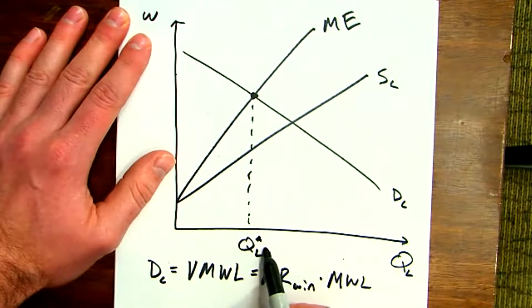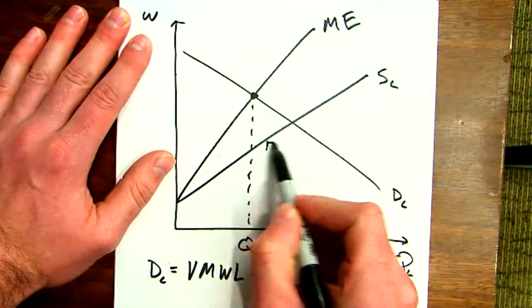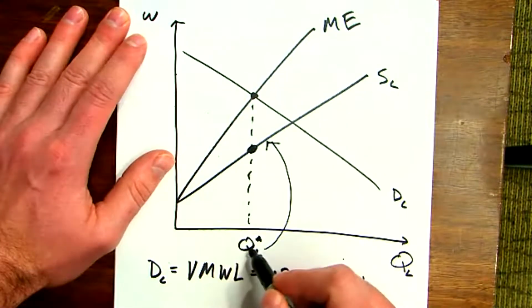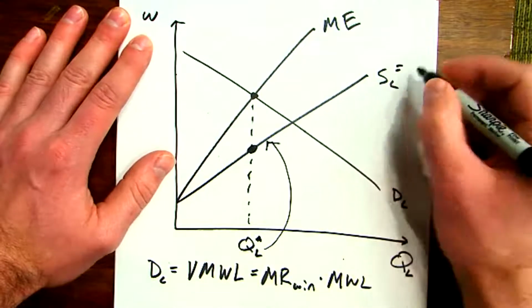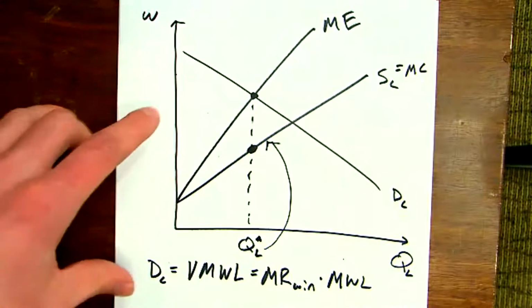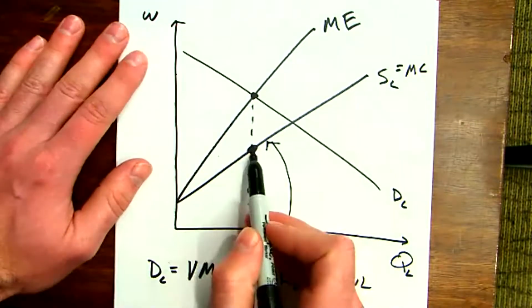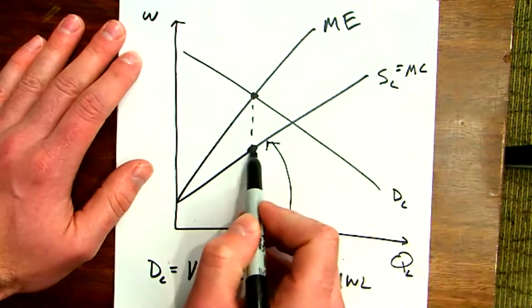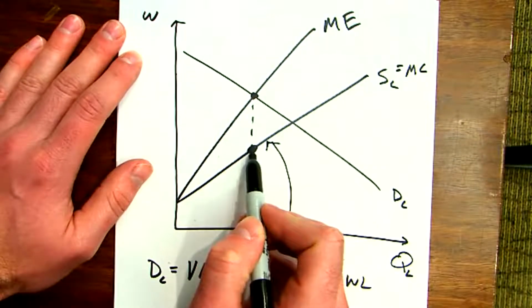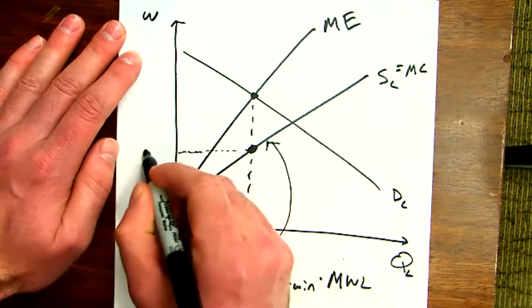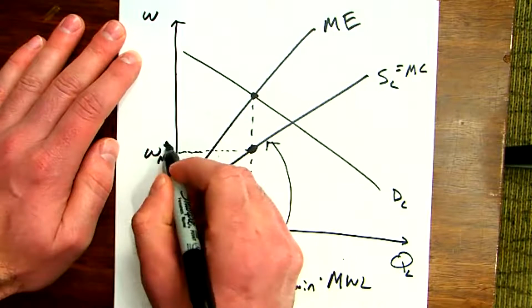I then plug this into my supply curve and find the point that I'm at on my supply curve, which would reflect what the marginal cost is. So with monopsony power, I say, okay, look, I know that the marginal cost of supplying this amount of labor is this value. So the player would play for anything equal to or greater than this wage, right?